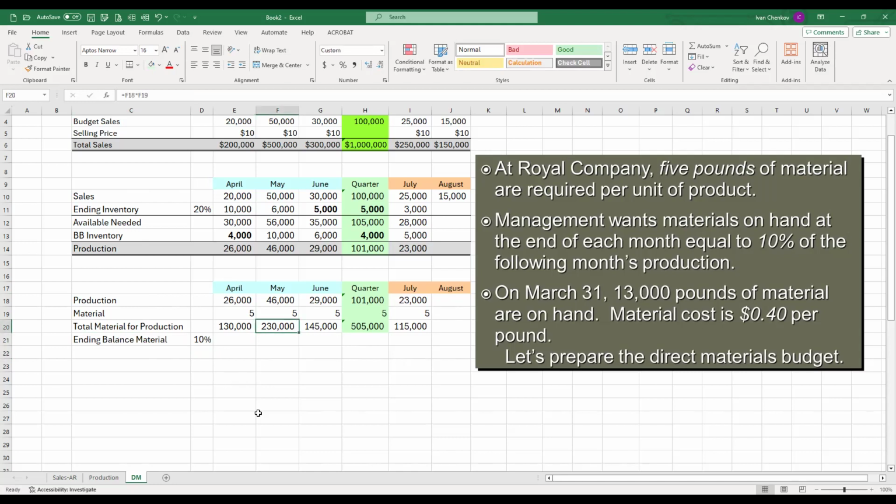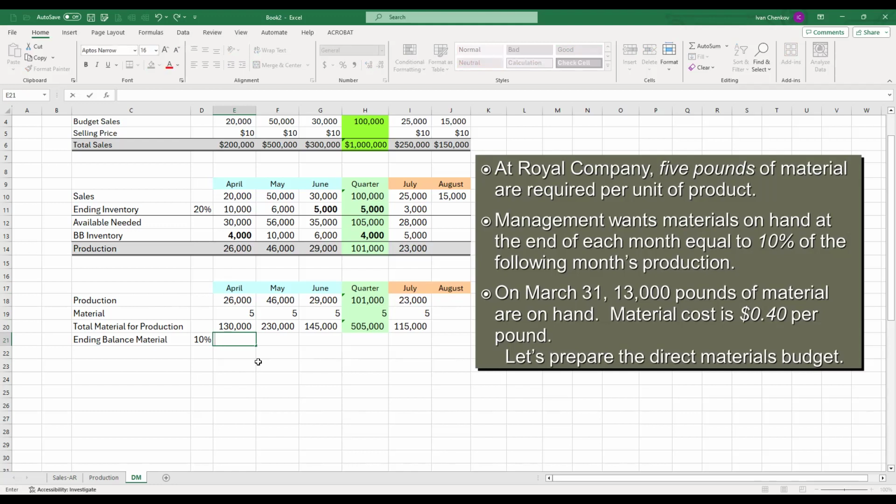Do I have my following month production? Yes, we do have it. So how much will be the 10% of the following month production at the end of April? 13,000.